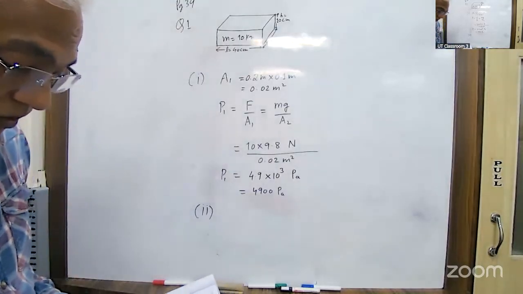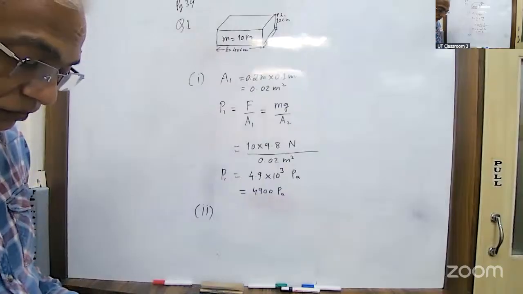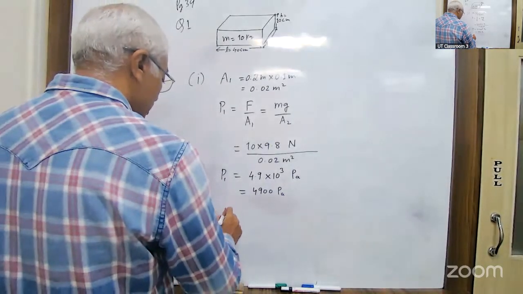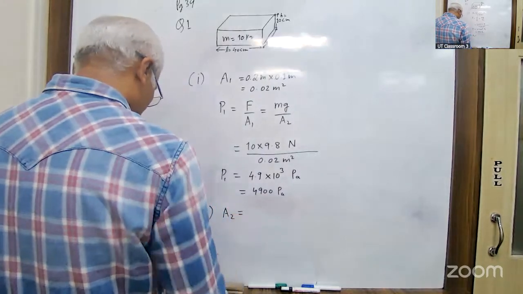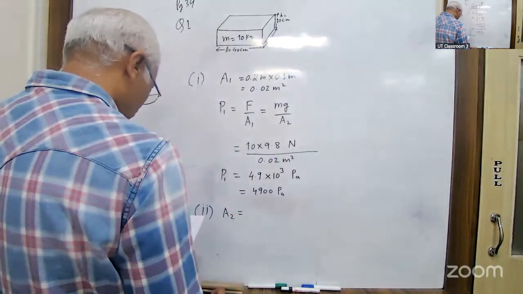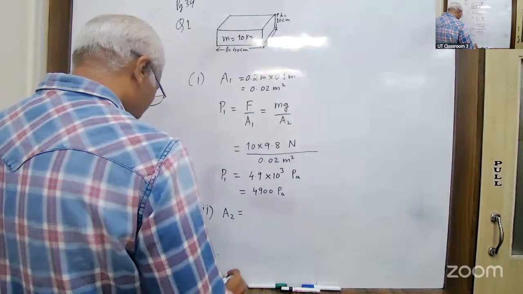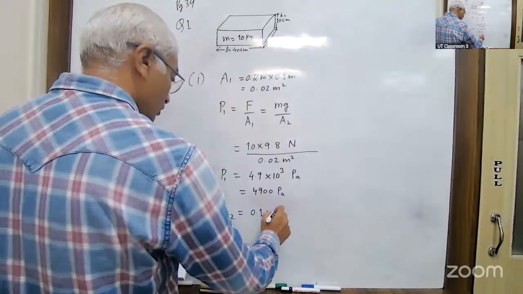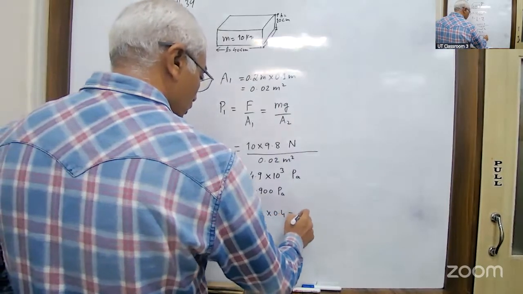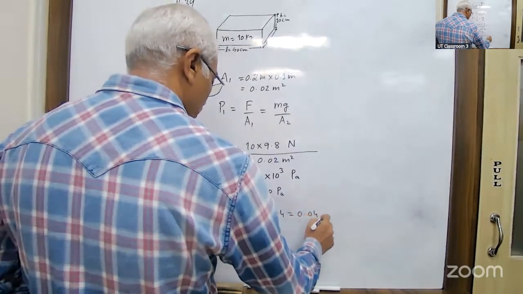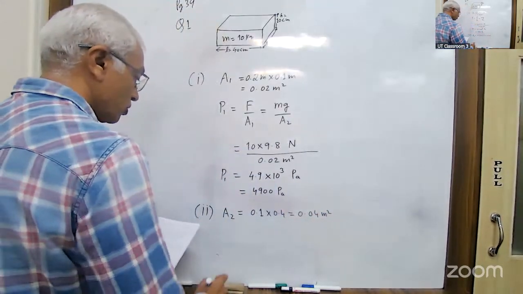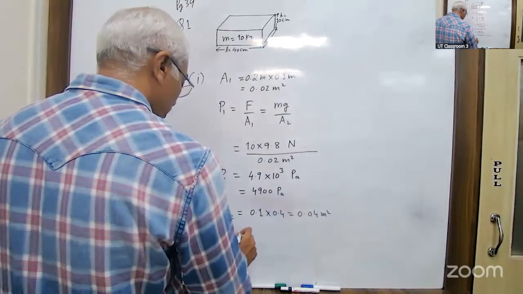So likewise you can calculate for the other two. What is the area in the second case? 0.1 into 0.4. So therefore P2 will be equal to what?